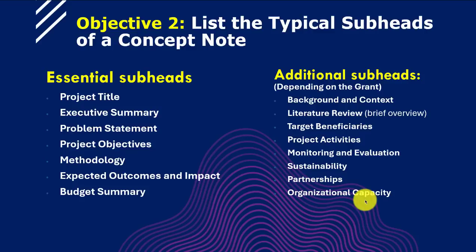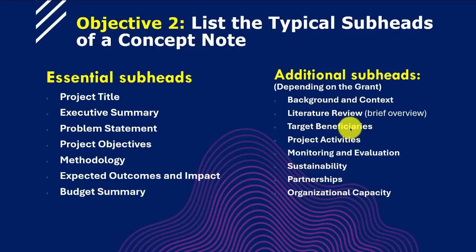Let's go to objective number 2, which is to list the typical subheads of a concept note. So if you look at the concept notes from different funding agencies, you find that you have some that are core, essential: project title, executive summary, problem statement, project objectives, methodology, expected outcomes and impact, budget summary.